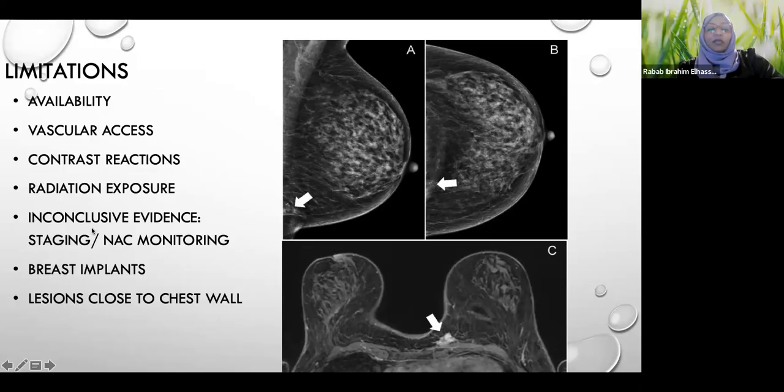There is still inconclusive evidence for its use in staging or in neoadjuvant chemotherapy monitoring, but in real terms, in practice, we still use the contrast enhanced mammogram for these purposes. For staging, we use it because we want to biopsy and determine extent by biopsy.